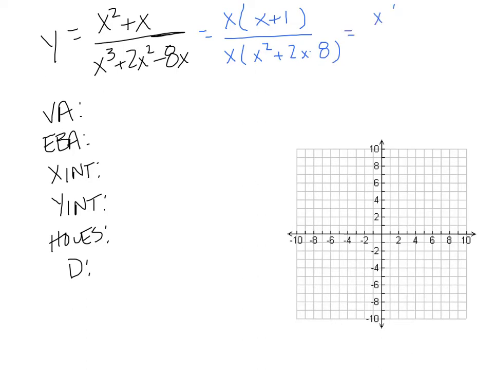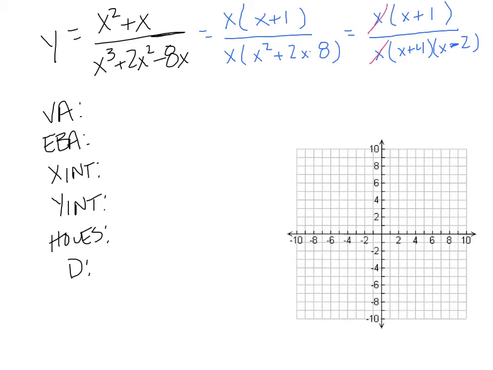So I know my numerator already. That part's done. My denominator, I know that I'm going to have what multiplies to be negative 8 adds to be 2. It's going to be x plus 4, and it's going to be x minus 2. So now I can see that I have a hole with the factor of x.